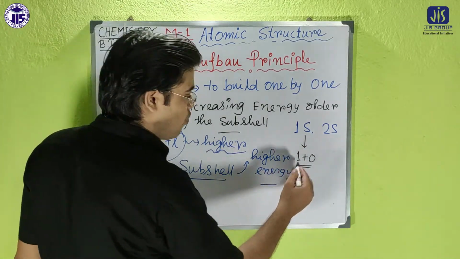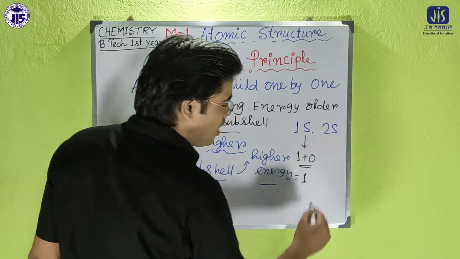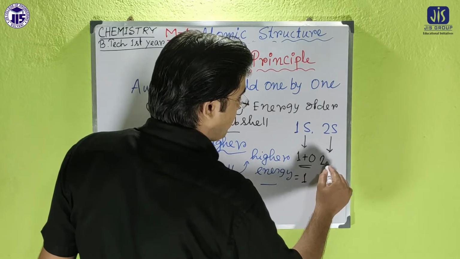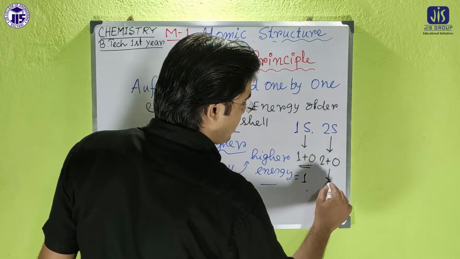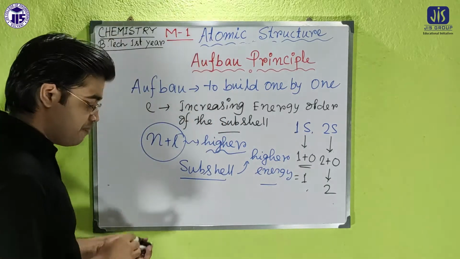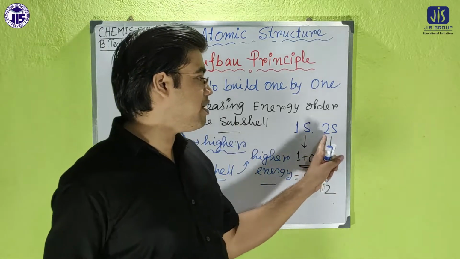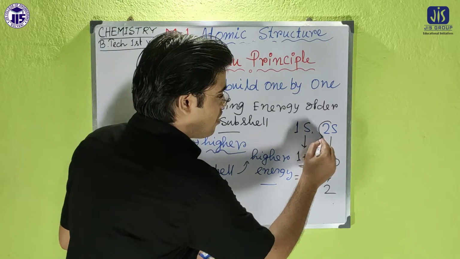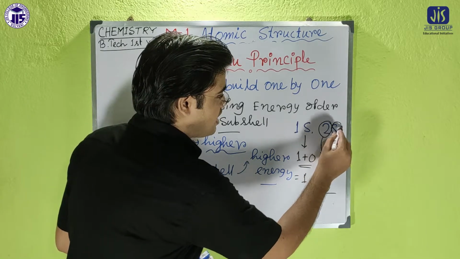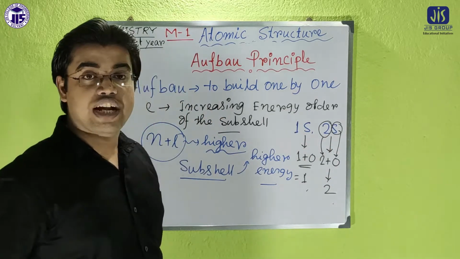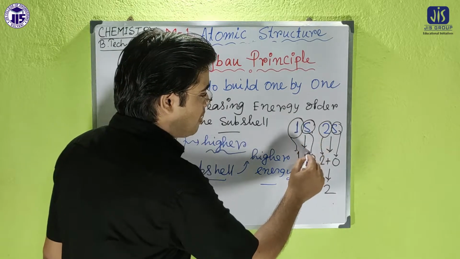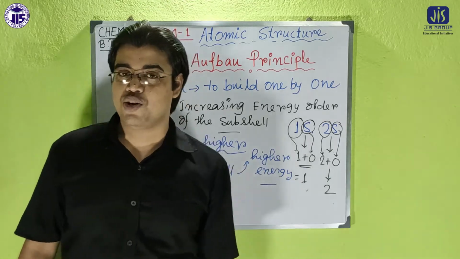So n plus L is 1 plus 0 equals 1. In the second case, the principal quantum number is 2 and the azimuthal quantum number is 0, so 2 plus 0 equals 2.